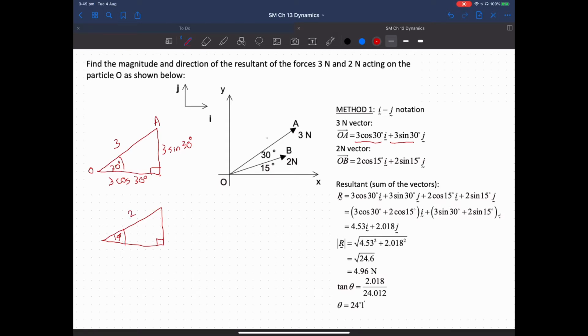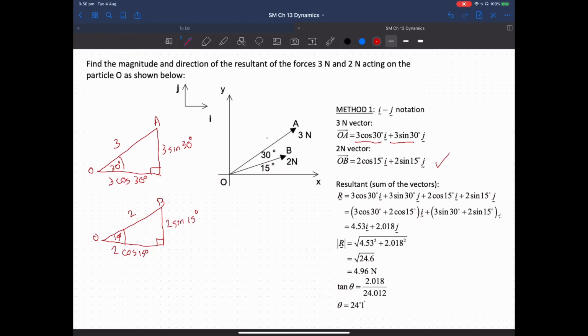Again, I would then know that the horizontal component would be 2 cosine 15 degrees, and the vertical component would be 2 sine 15 degrees, which means the 2 newton vector, which I've labelled in as vector OB, is equal to 2 cosine 15 degrees in the unit vector I direction plus 2 sine 15 degrees in the unit vector J direction.